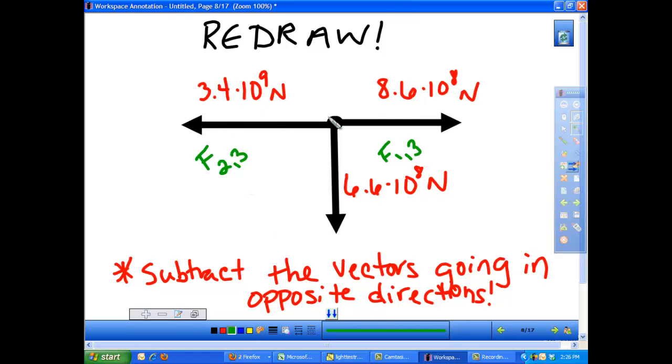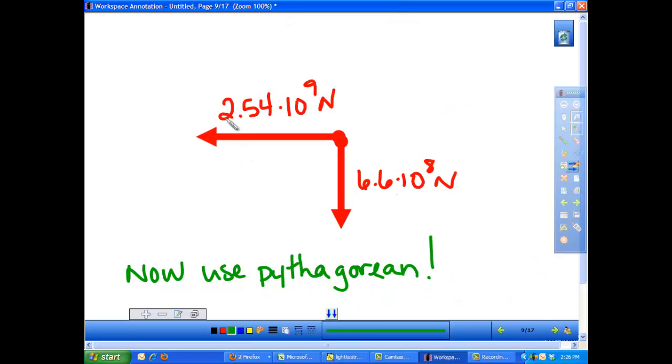So, once I draw these, I can see that all my vectors sit at nice right angles to one another. I can subtract the ones that are traveling in opposite directions. So let's do that first. When I do that, I get a net force of 2.54 times 10 to the 9th going towards the left.